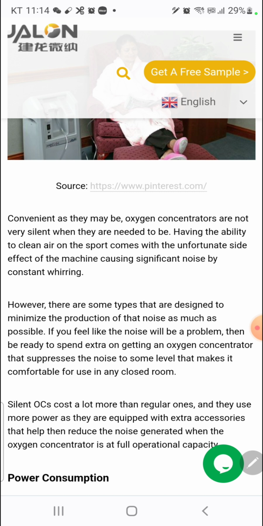However, there are some types that are designed to minimize the production of that noise as much as possible.